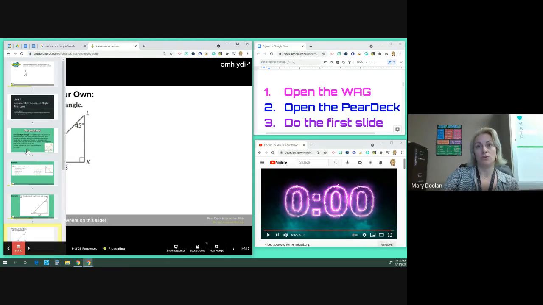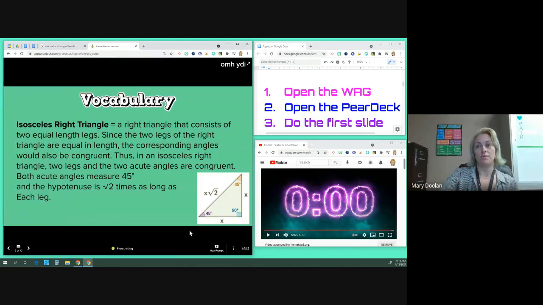Just to review from yesterday, you can see here a diagram where the right triangle has 2 45-degree acute angles, and X represents that these 2 legs are the same length of whatever X is.